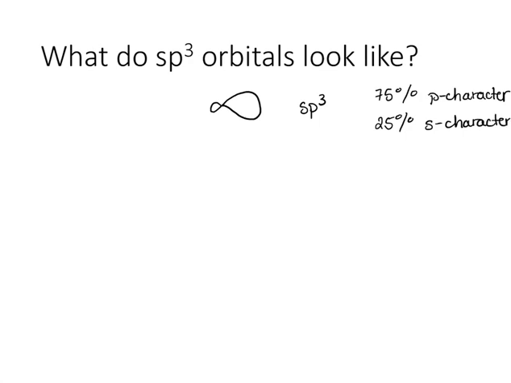And the whole reason that we have these hybrid orbitals is to explain bonding in molecules for certain situations that don't really make sense otherwise. So as an example, we looked at methane.